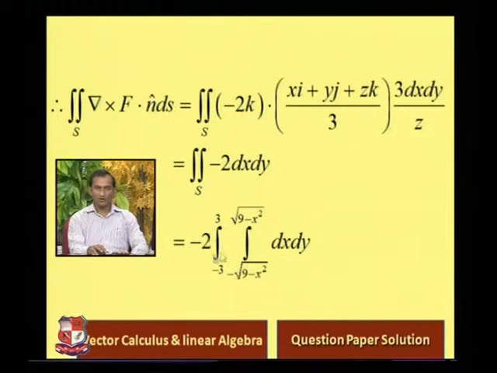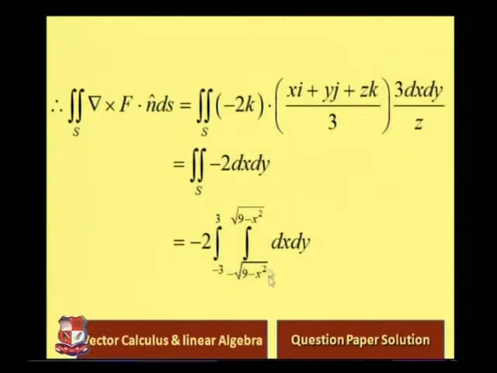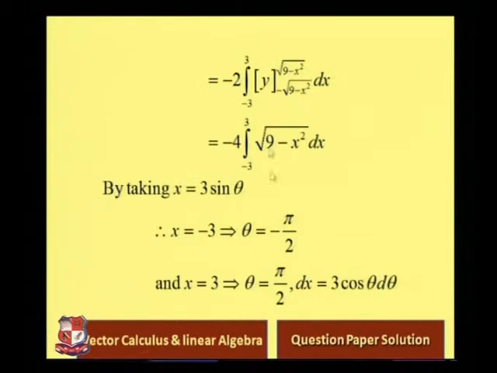From the region of the circle, applying the vertical strip, the limit of variable y is minus square root of 9 minus x square to square root of 9 minus x square, and the limit of x is minus 3 to 3. Now solve this double integration first with respect to y. The integration of dy is y, and upper minus lower limit gives 2 times square root of 9 minus x square.